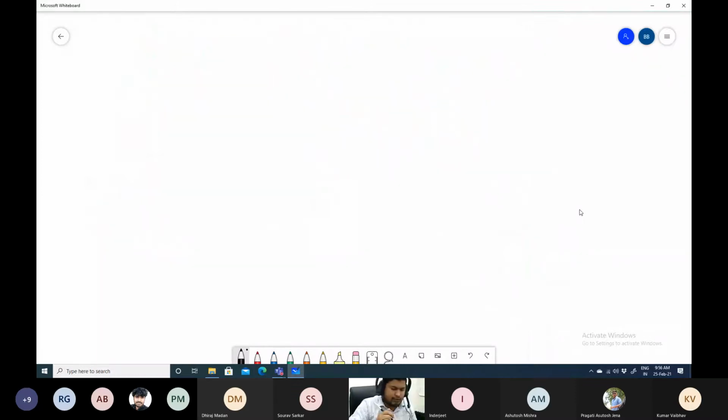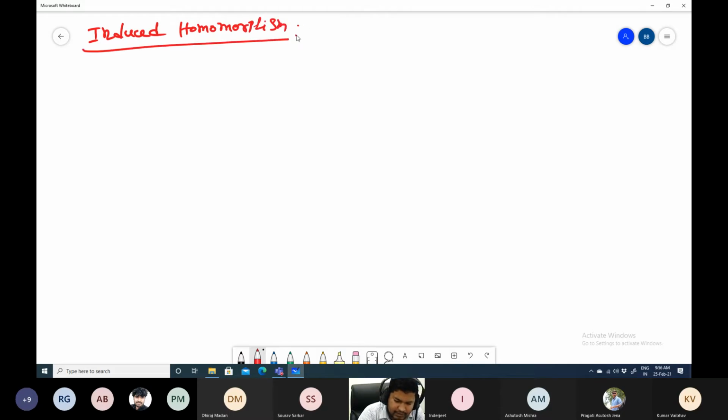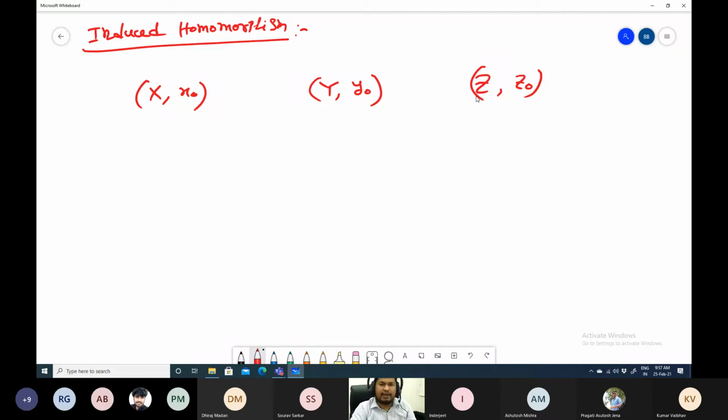So for this, first of all, we need the induced homomorphism. So we just quickly define that induced homomorphism. That is very simple. What is the induced homomorphism? Now suppose you have topological spaces, say (X, x0), (Y, y0), (Z, z0). Why am I writing this?